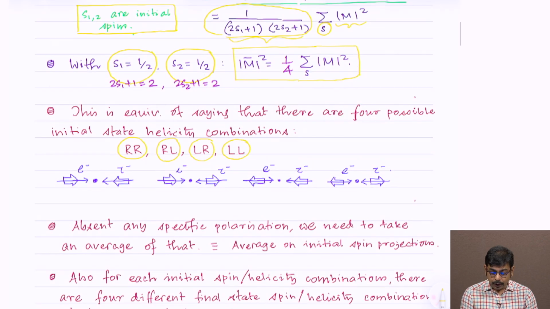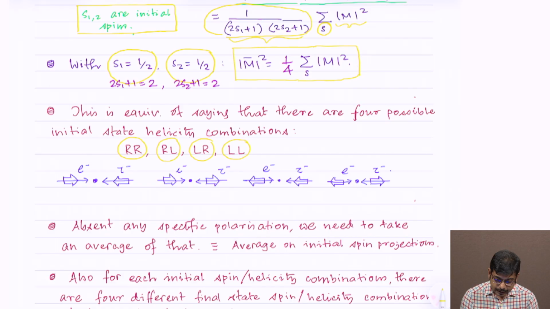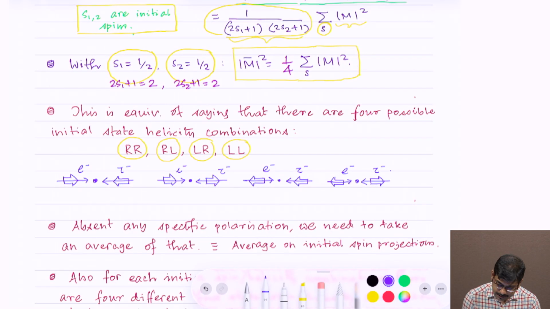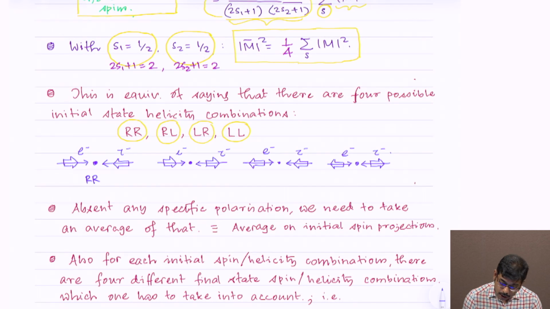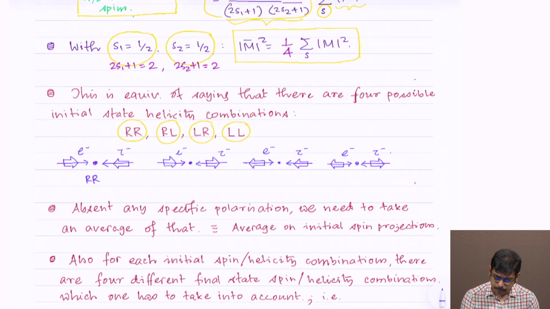So, if we do it pictorially, it can be that the electron is right handed and the tau is right handed. This is specifically the RR combination. On the other hand, you can have the electron right handed but the tau left handed, meaning the spin is aligned opposite to the motion of the momenta. This is the RL combination.